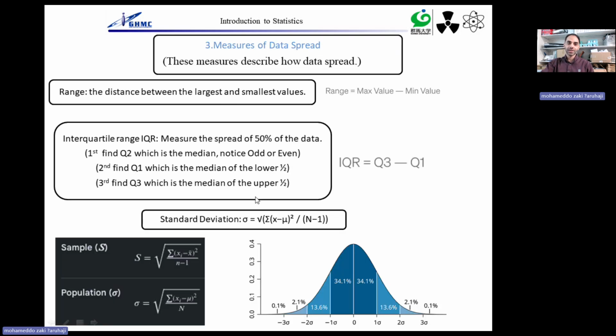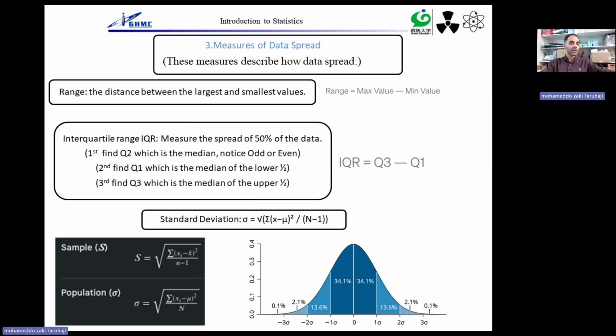Next is how we measure the spread of the data. First, those are the 3 things to measure the tendency of data. Now, how do we measure the spread of our data? To do this, first we need to know the range of this data.